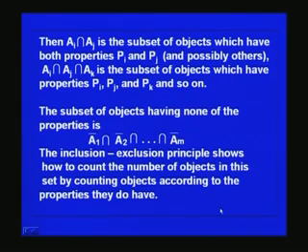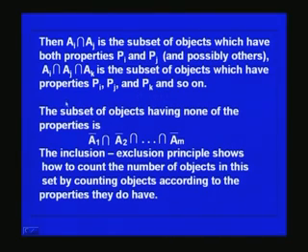Then Ai intersection Aj is the subset of objects which have both the properties Pi and Pj, and possibly others also. Ai intersection Aj intersection Ak is the subset of objects which have properties Pi, Pj and Pk, and so on.